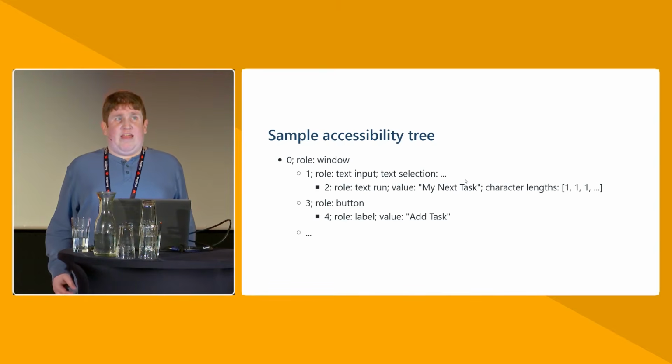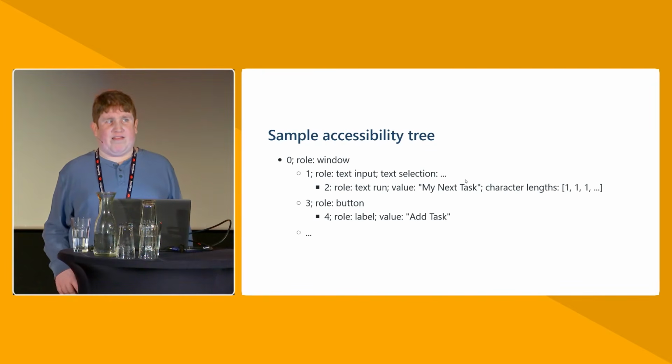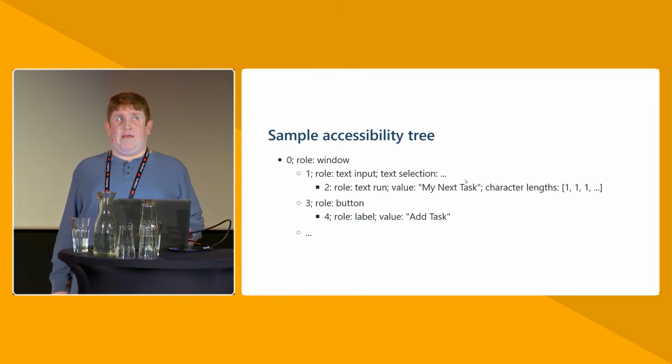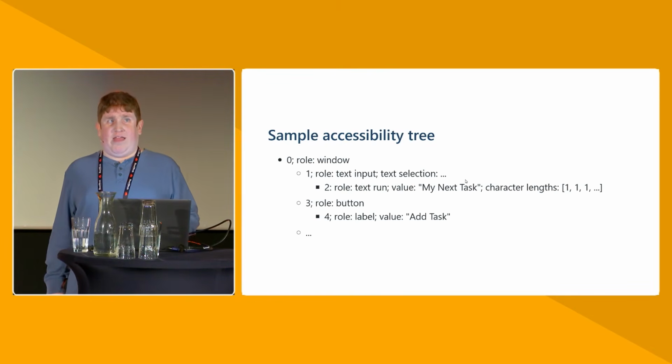And then finally, the button node has a label node as its child, because that is how the widget tree is represented in Xylem. The label is a child widget of the button. So that should give you a little more concrete idea of what exactly a toolkit needs to expose through AccessKit.